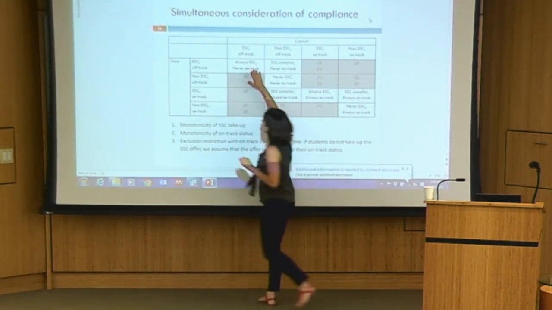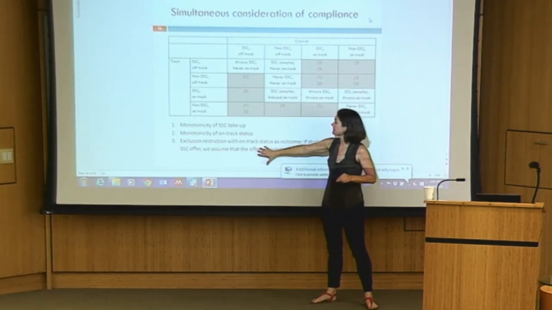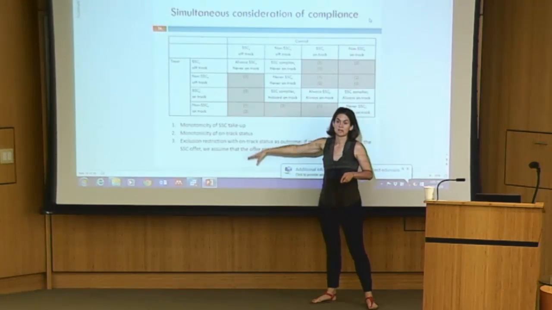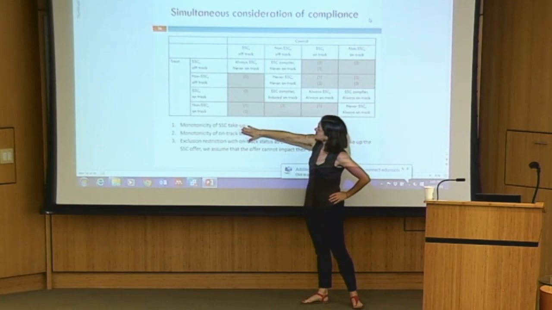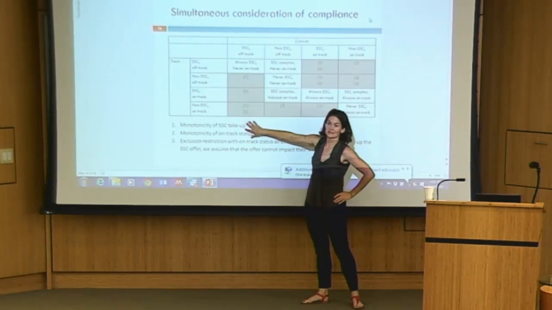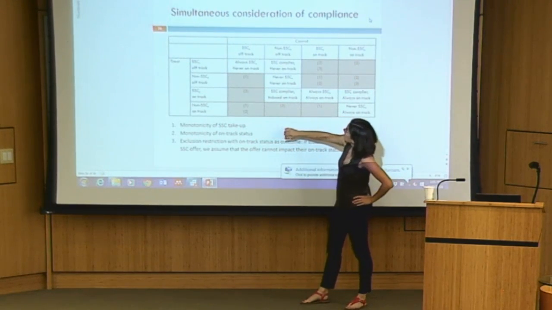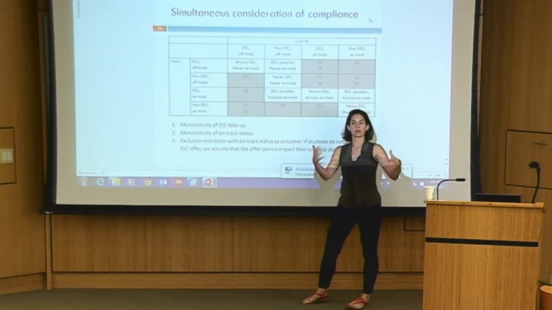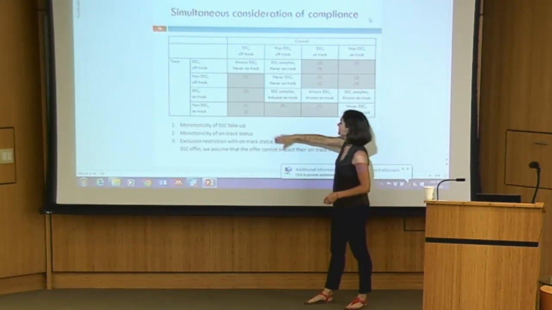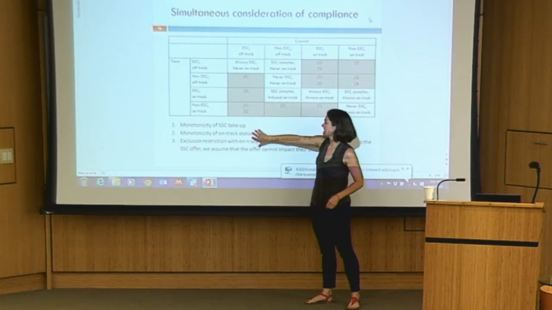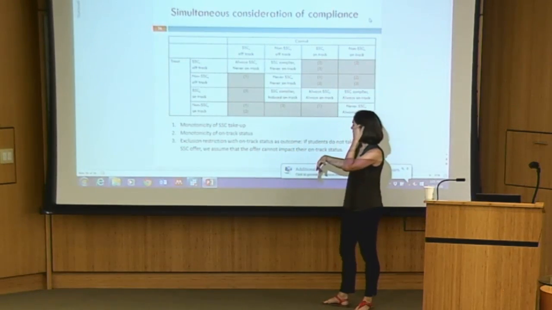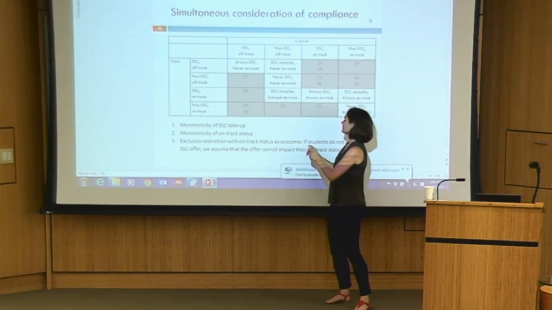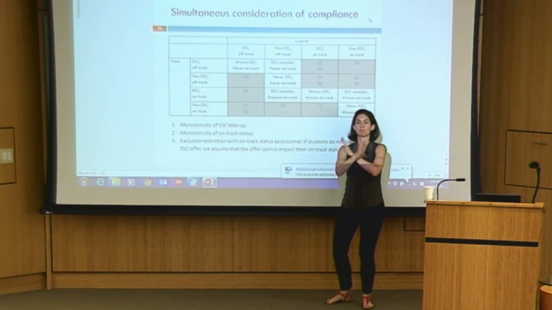And then there are 3 different types of assumptions that will apply to reduce the cells. So first, we assumed monotonicity of SSC take-up. So it's like no defiers on compliance, basically. We assumed monotonicity of on-track status, so no defiers on on-track. And then this sort of considers the cross-referencing of both of them.